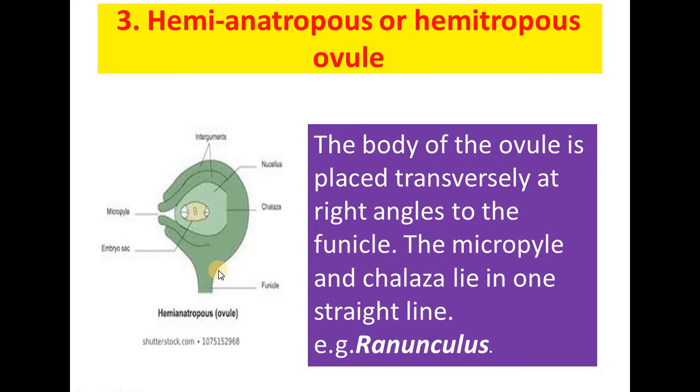Instead of a 180-degree turn, here a 90-degree turn will be there. In this case also the micropyle and chalaza will be in the same straight line, but the ovule is at the right angle of the funicle, remember. Such kind of ovule will be called hemianatropous or hemitropous, which can be seen in the Ranunculus plant.